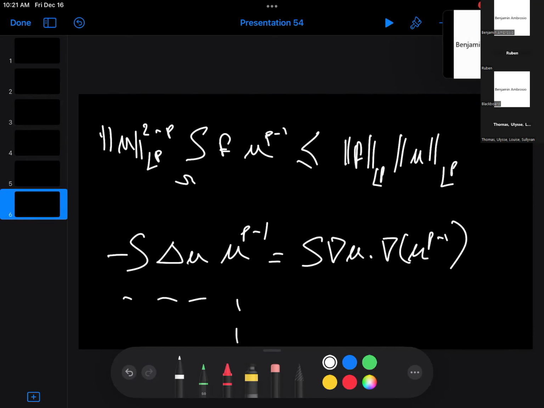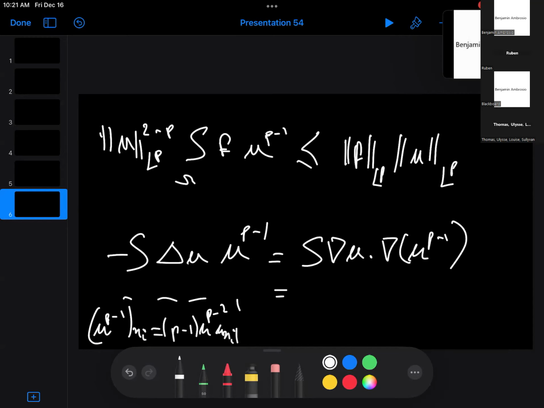If I just derive that with one of the variables, let's say x_i, then the derivative of U^(P minus 1) is P minus 1 times U^(P minus 2) times U_xi.